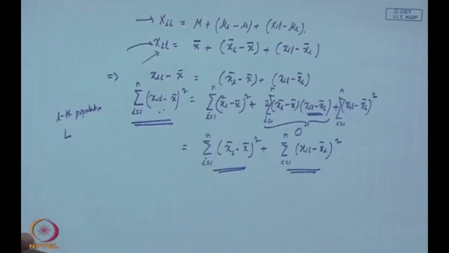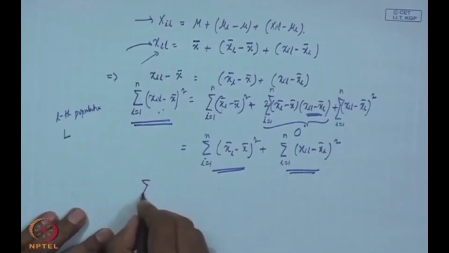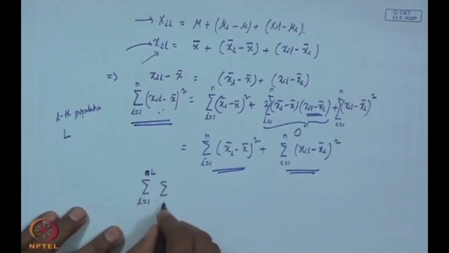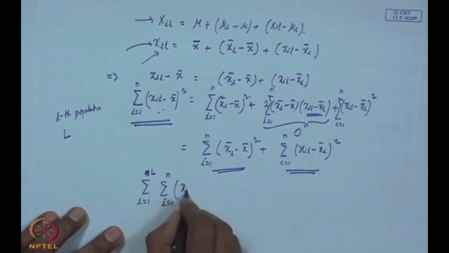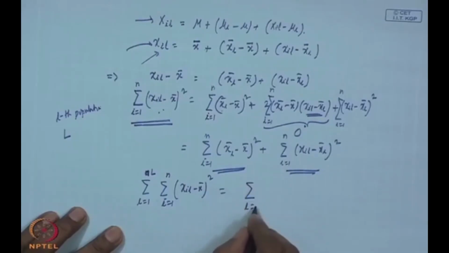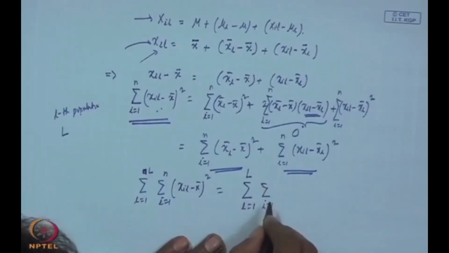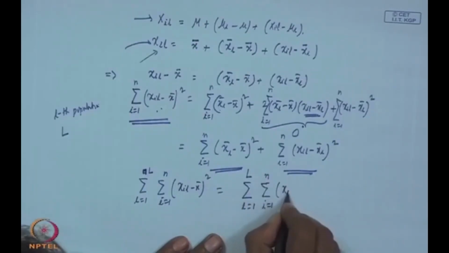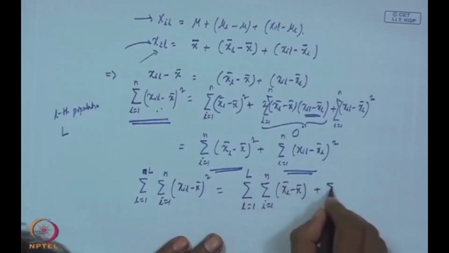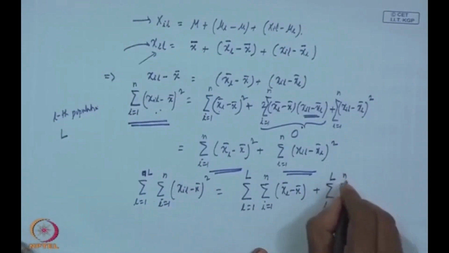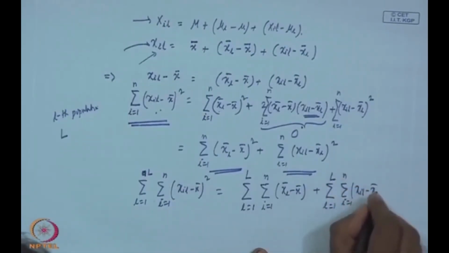If I take one more summation, what will you write? The sum over L equal to 1 to capital L, of the sum over I equal to 1 to n of XIL minus X bar square, equals the sum over L equal to 1 to capital L, I equal to 1 to n of XL bar minus X bar square, plus the sum over L equal to 1 to capital L, I equal to 1 to n of XIL minus XL bar square.